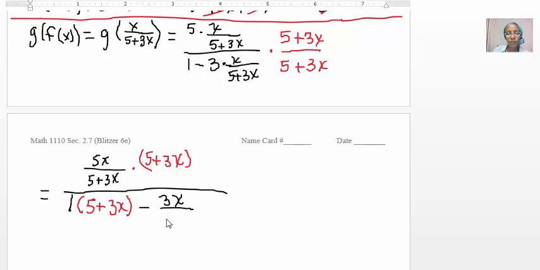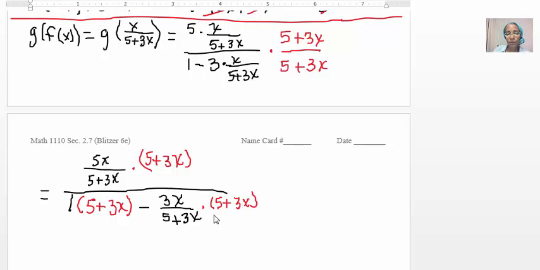So I multiply the 1 by 5 plus 3x, and the minus 3x over 5 plus 3x also gets multiplied by 5 plus 3x.